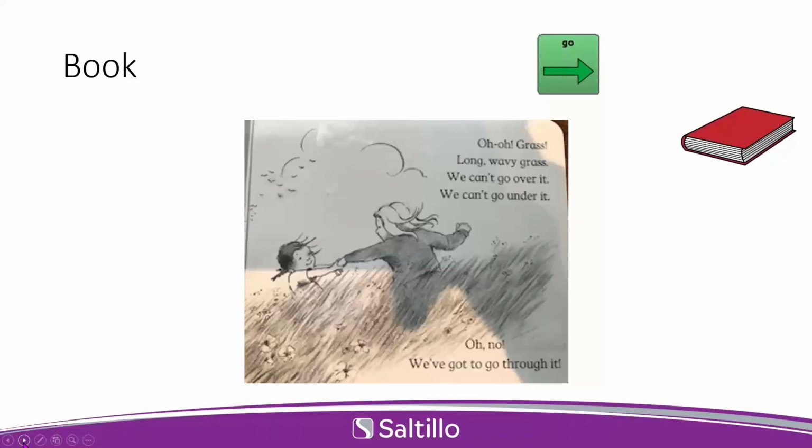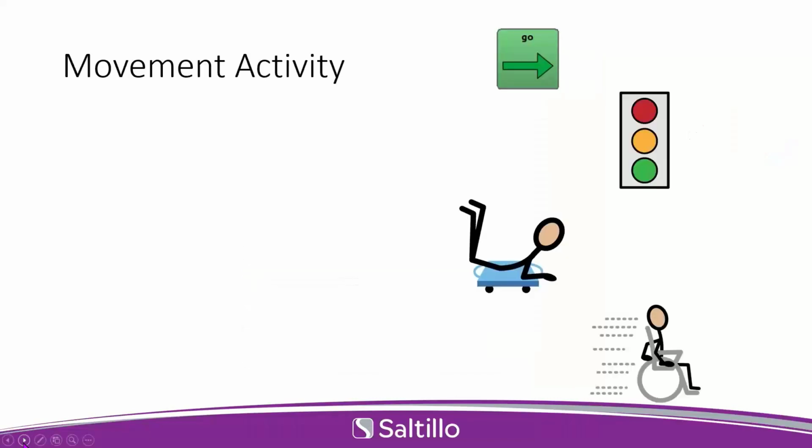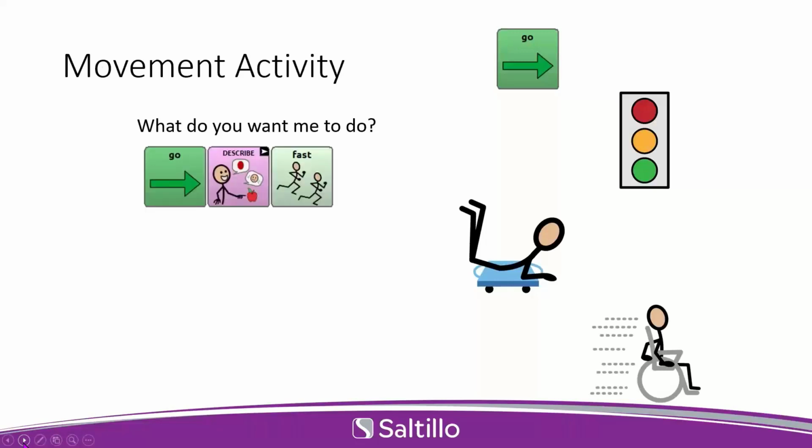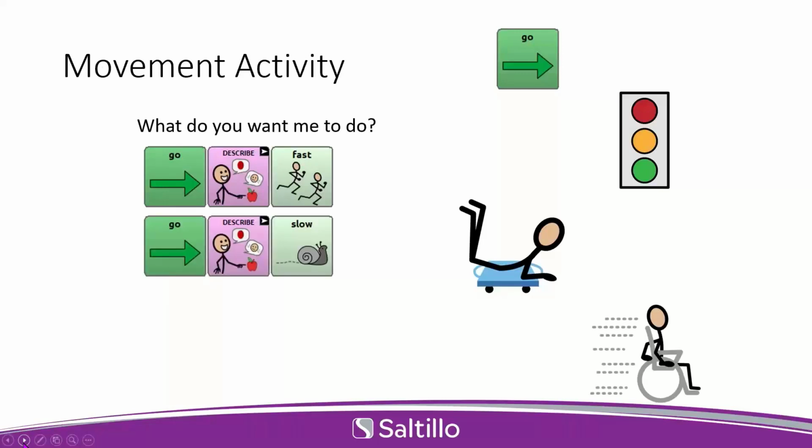We can't go under it. Oh no, we've got to go through it. Right? And when we're doing that movement and play, we can use go to continue things, as I said. So what do you want me to do? Let's go, right? Should we go fast or go slow? Or you can throw in the opposite and say the word stop.